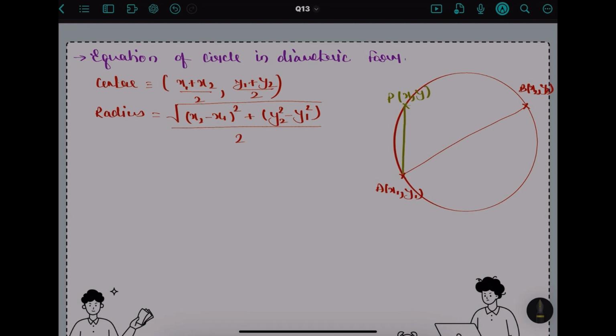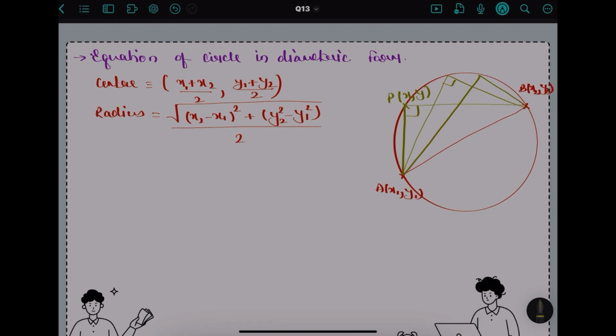Do you remember that the angle made by a chord at the center is double the angle made by the chord in the same segment at any point on the circumference? So don't you think if A and B are the diametrical end points, this angle would be 90°? Wherever you take the point, it will become 90° only.